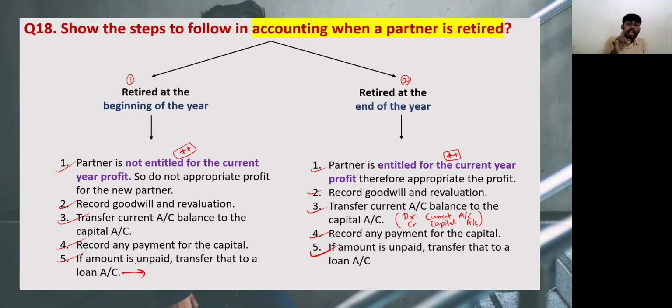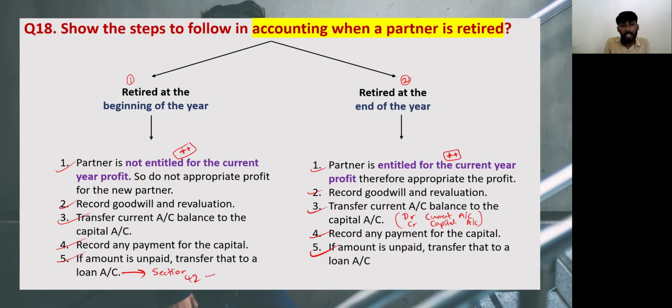Now, when we are transferring the unpaid amount to the loan account, if it is mentioned in the partnership agreement, then we also need to pay interest. But if it is not mentioned in the partnership agreement, Section 42 says something. Can you remember?